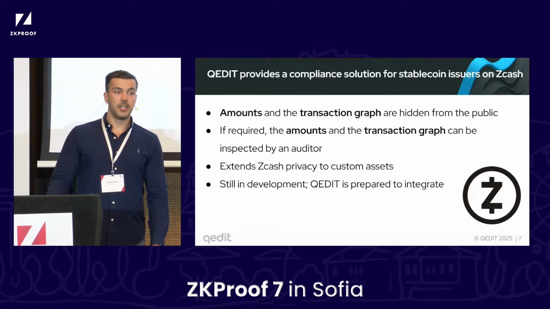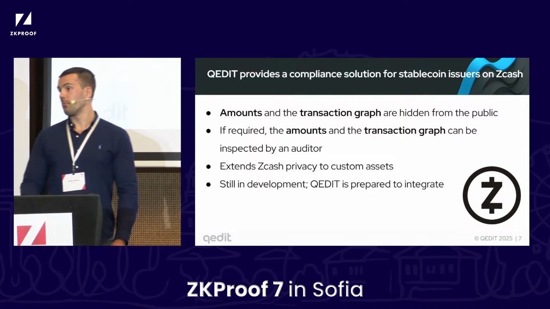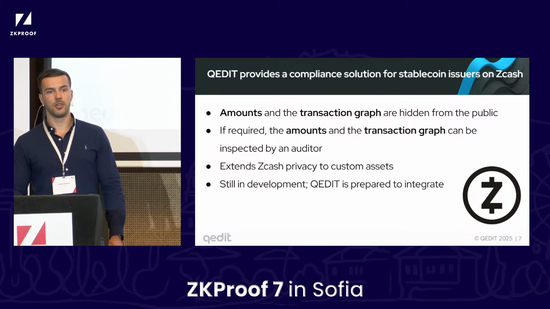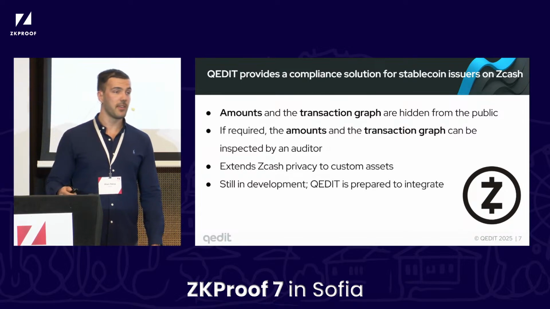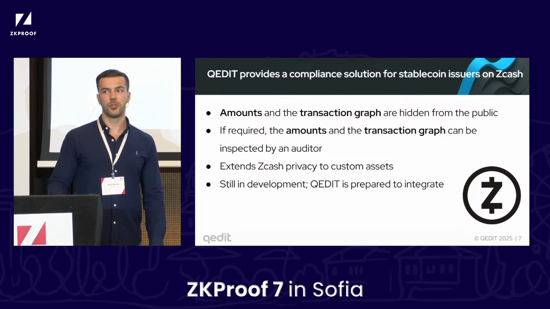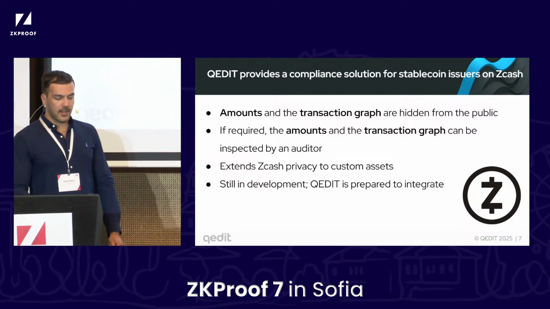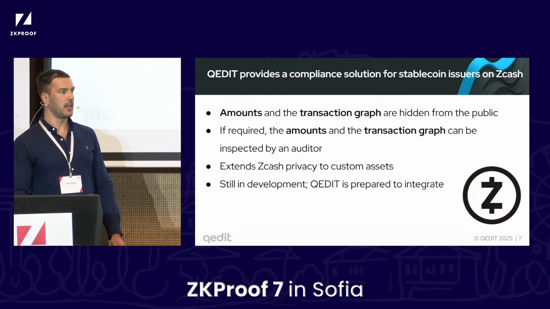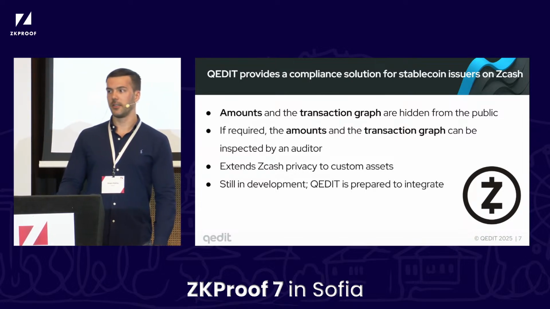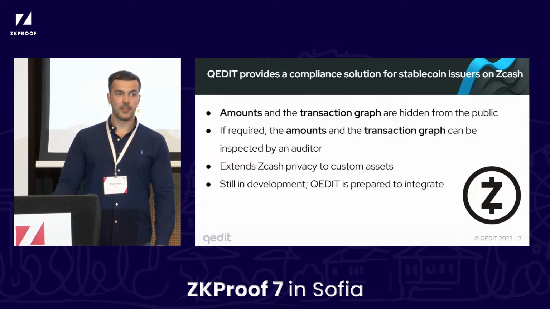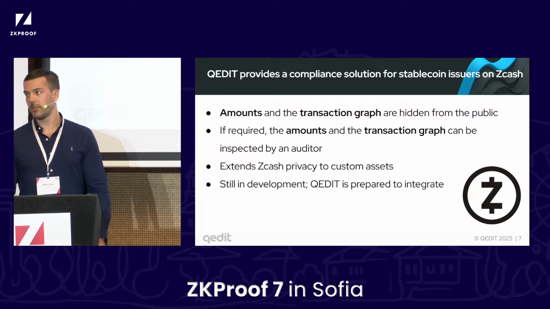And if required, they can be inspected by an auditor just to keep the compliance part in place, because we always need some sense of regulations and a way to make sure that the network is used for the betterment of humanity, let's say. And yeah, again, it extends and adds features on top of Zcash privacy standards. So this is still in development, although QEDIT is ready to implement.